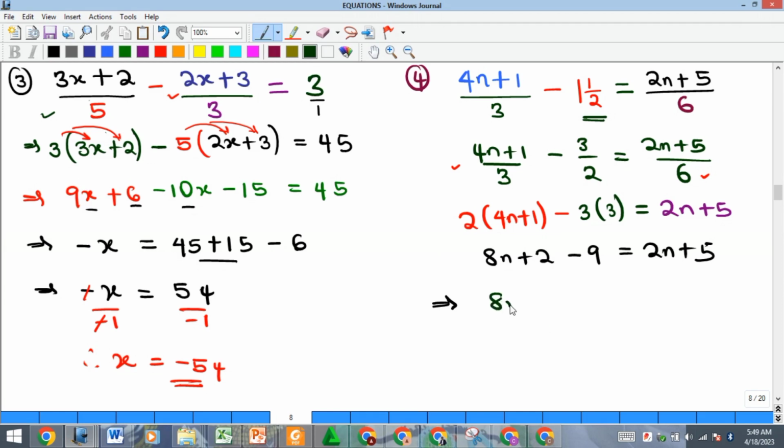So here we have 8n. Now this is positive. If it crosses, it becomes negative 2n, and that is going to give us 8 minus 2 is 6n, and that's equal to 14 minus 2, which is 12. Okay, so if you divide both sides by 6, our n is equal to 2.